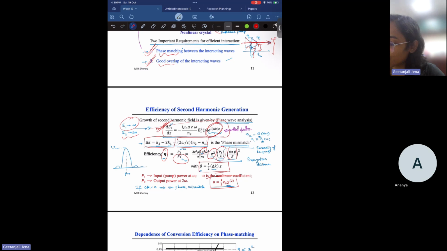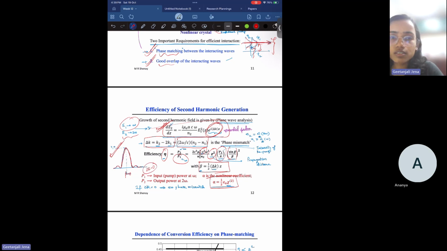If you plot this sinc function, we have already seen it in single slit diffraction, you get a distribution of intensity like this, and the intensity will be maximum only when beta is 0. That means delta k is 0.